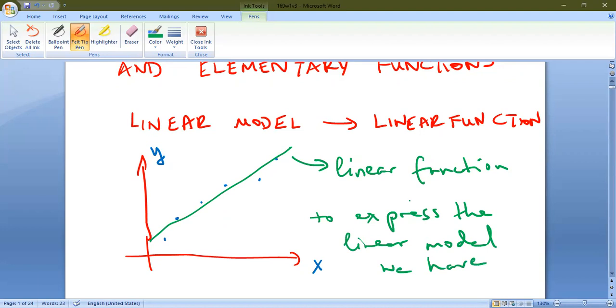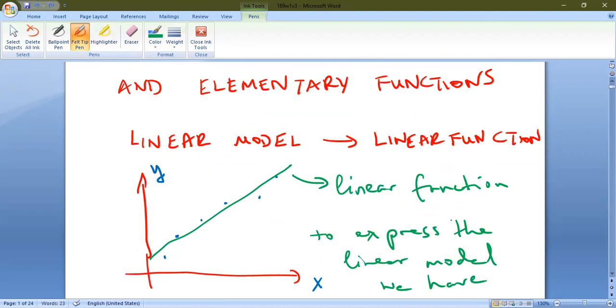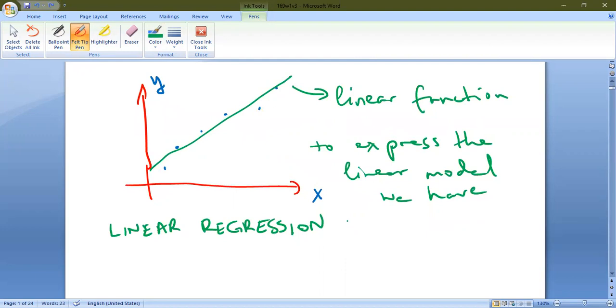Of course, there is a name for this modeling. If you have seen machine learning, this is actually called linear regression. So regression means you approximate your model to something mathematical, and then what you get is a linear function. So that kind of approximation is called linear regression. This is actually a machine learning algorithm.